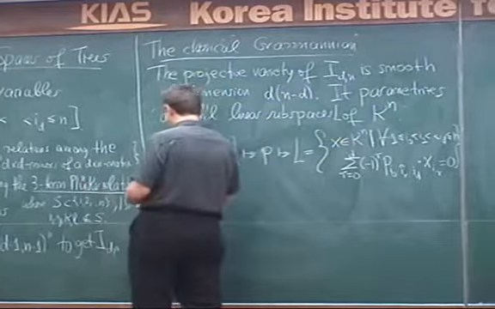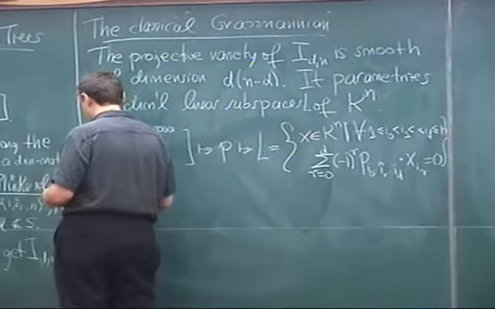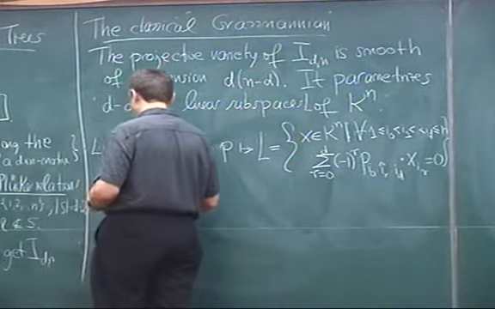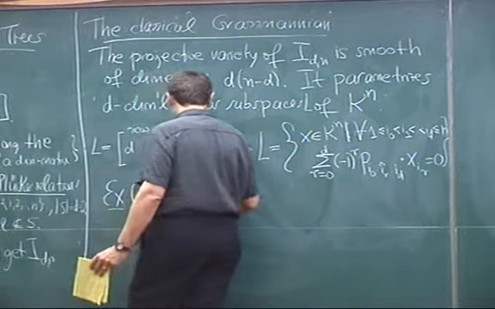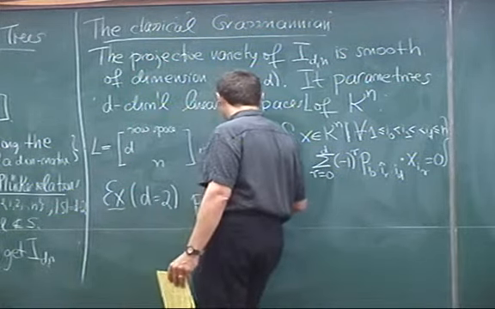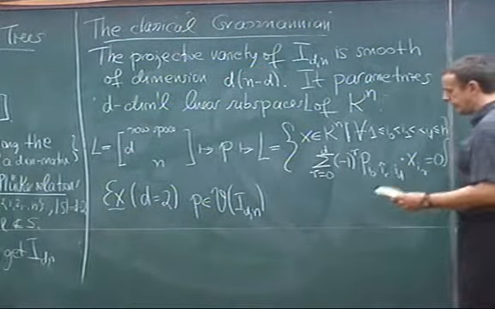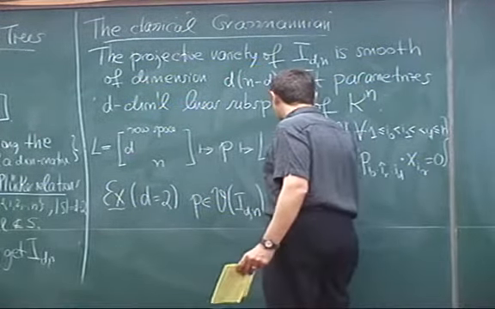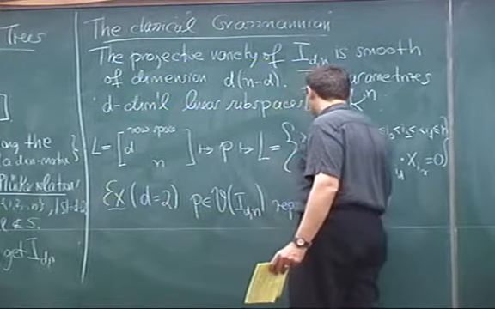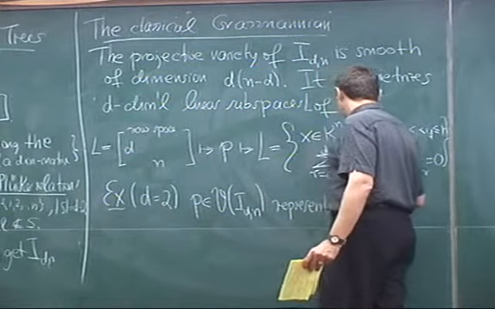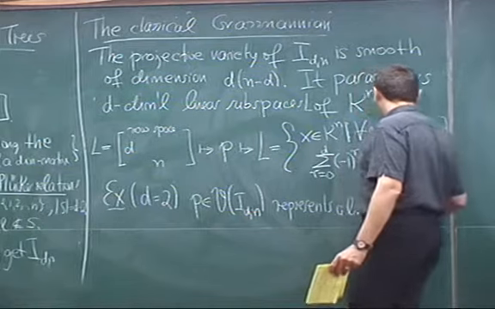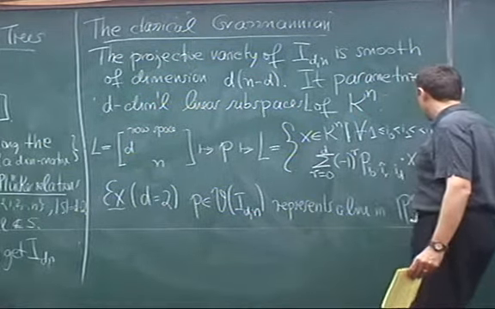Example, so that we're going to be particularly interested in is the d equals 2 case. So here the Grassmannian, the classical Grassmannian, the variety G(d,n). So every point represents a line in projective space over the field.